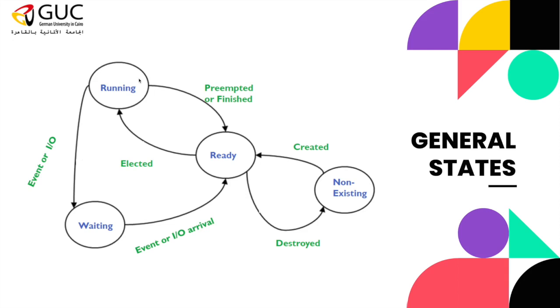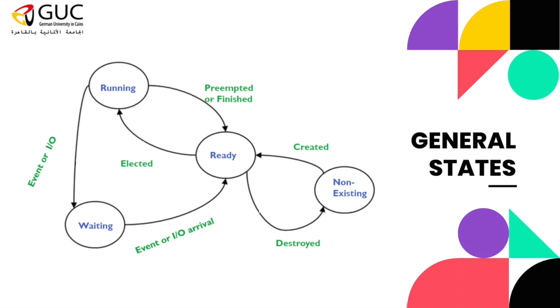And then, when, for example, the printer or the resource I was waiting for finishes and is available to be used by task X, task X will move from the waiting state to the ready state, which means the printer is available. And when it moves back to the ready state, the scheduler will see that task X has, for example, a higher priority than task Y, which is actually running. So it will preempt task Y and will allow task X to run and continue running.